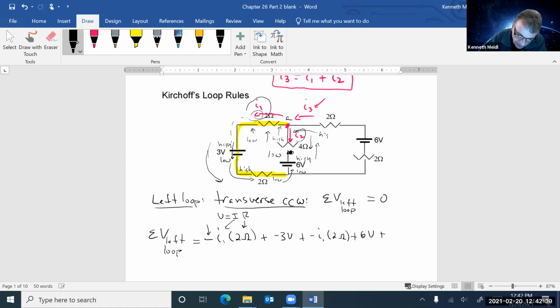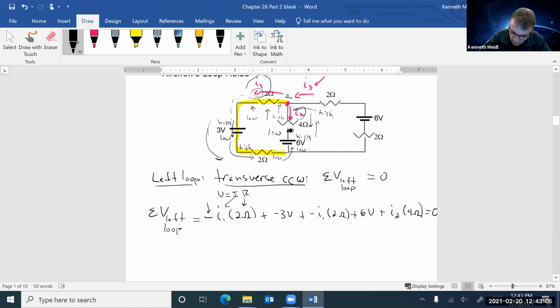That's high energy, and the charged particles I find there have a higher energy state because they've yet to be slowed down by that resistor. So as I cross it, I'm finding things that are going faster. They hit that resistor, and on the backside, I'm finding them going slower. And so they're going up in energy. So that's going to be I2 times 4 ohms, and that has to add up to 0.